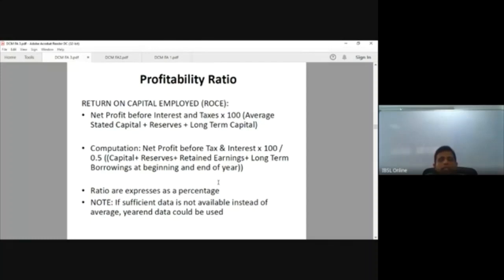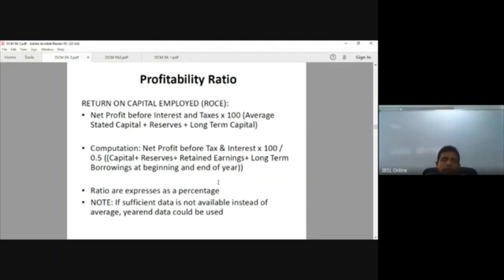Total capital comprises two capitals, that is equity capital plus debt capital. Equity capital means stated capital plus reserves. Debt capital means long-term capital. Short-term liabilities we are not considering here. We take only the long-term capital.